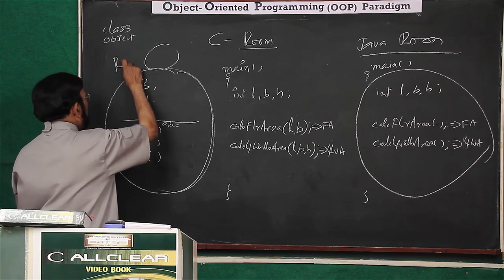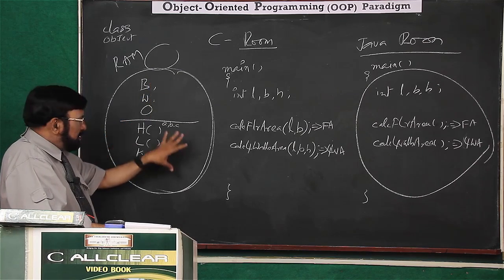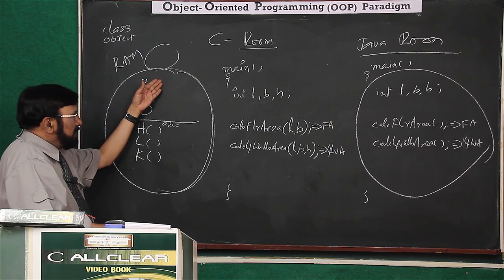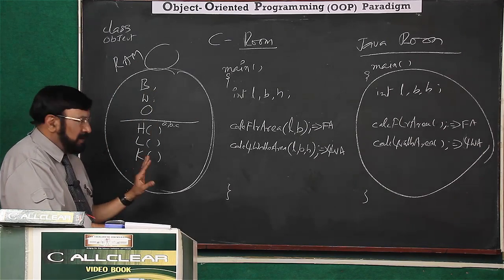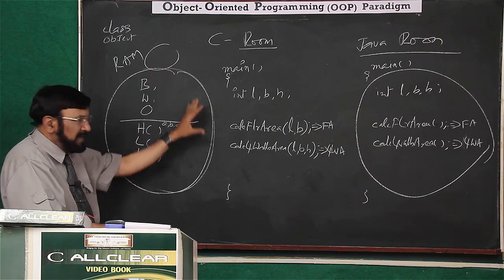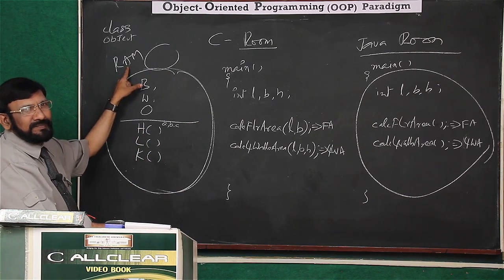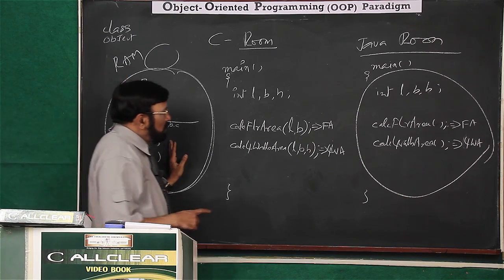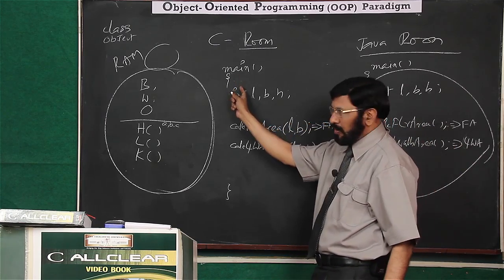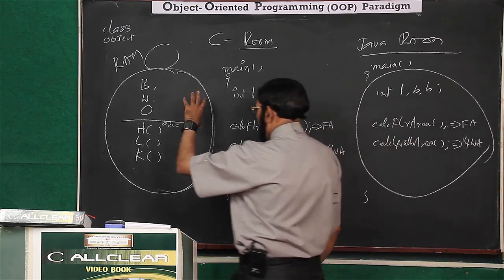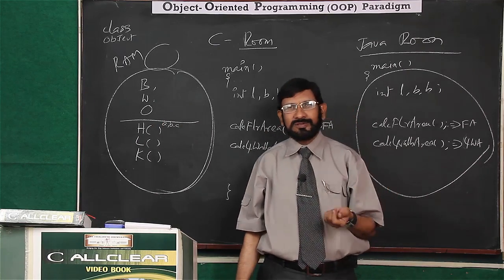Suppose your name is Ram, then the set of data and set of functions which act upon the data, encapsulated by your skin, is made as a self-contained entity with an identifiable name, Ram. Understand? Now you compare this program, not this. This is a C program. This is a POP program. This is an OOP program. So how your body works, in the same manner a Java program, OOP program works.